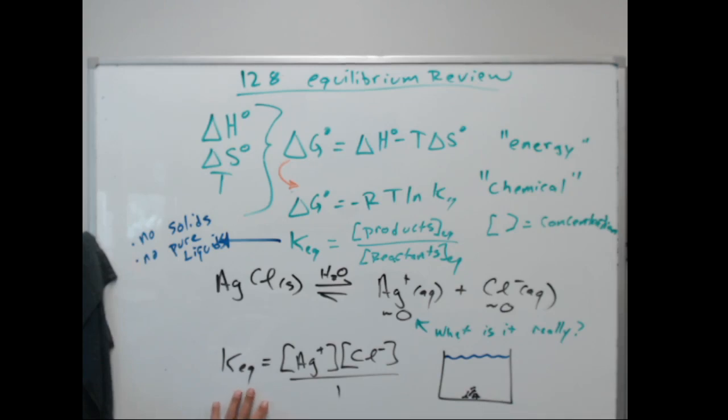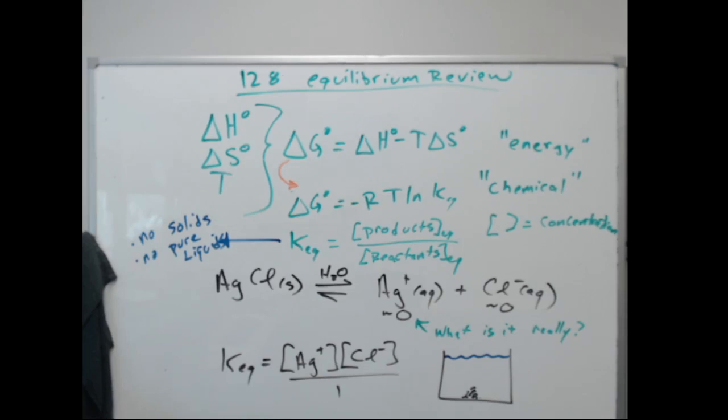What's happening with equilibrium is the silver ions and the chloride ions are breaking apart as fast as they're coming back together. So every bit of solid that forms, an equal bit of solid dissolves. There's this balance between the solid forming and the solid dissolving. That's the equilibrium. When we look at it, it just looks like a chunk of solid sitting there.